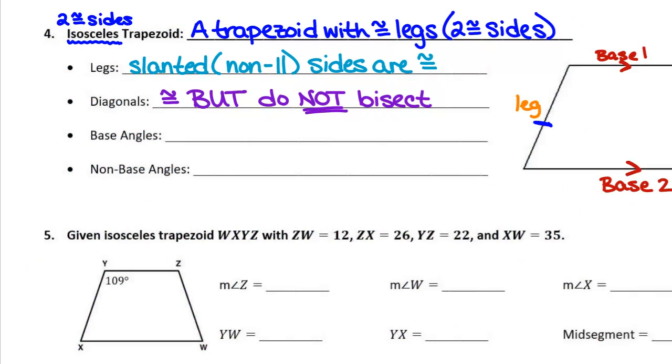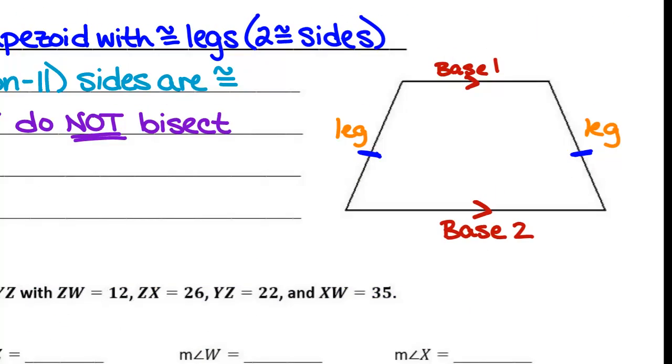We talked about 4 special types of parallelograms that all have these bisecting diagonals. Talked about rectangles and rhombuses and squares, and then just parallelograms in general. And those diagonals bisect each other. Here the diagonals are the same length, but they are not bisecting.